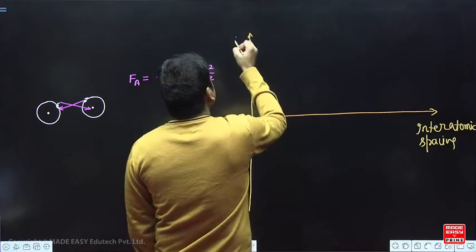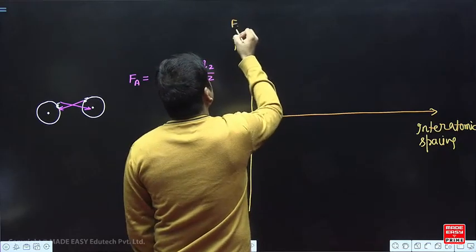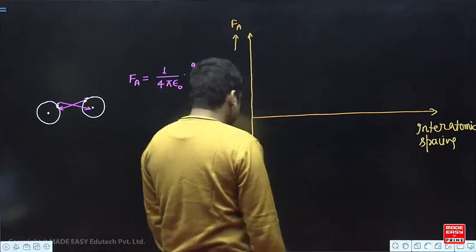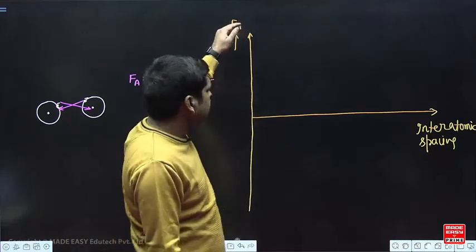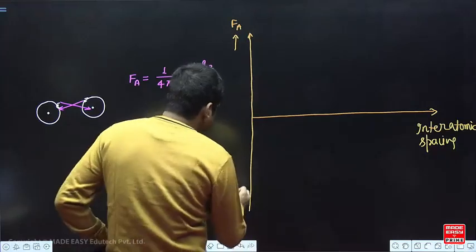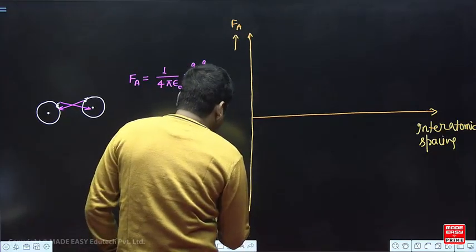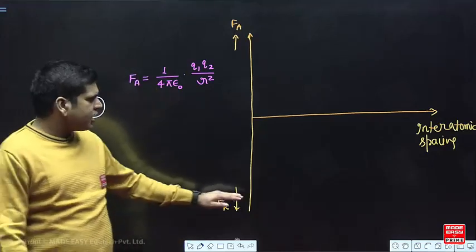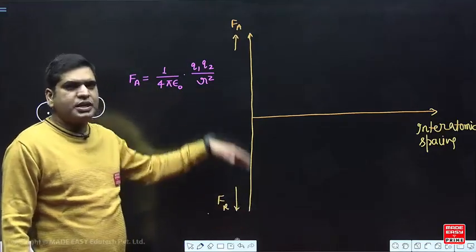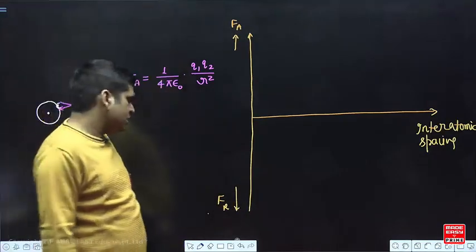Let us suppose here I am plotting attractive force. Don't get confused by the magnitude, by the sign. Suppose here we are taking attractive force, so obviously the repulsive force would be downward because both are opposite in sign. If we are representing attractive force this side, repulsive force will go upside.